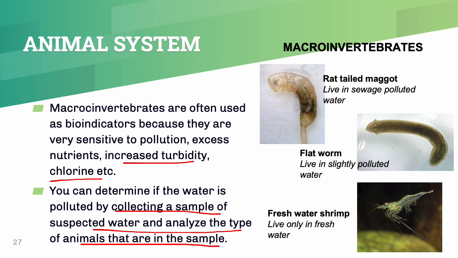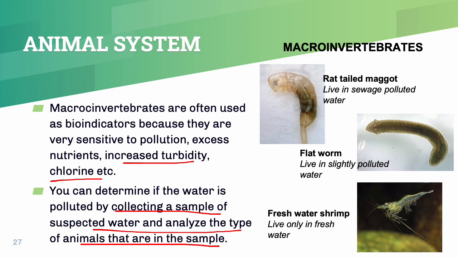When we say macroinvertebrates, these are invertebrates that can be seen by our naked eye. Okay? They are just a little bigger than microorganisms. Macroinvertebrates are often used as bioindicators because they are very sensitive to pollution, excess nutrients, increased turbidity, chlorine, and so on and so forth.